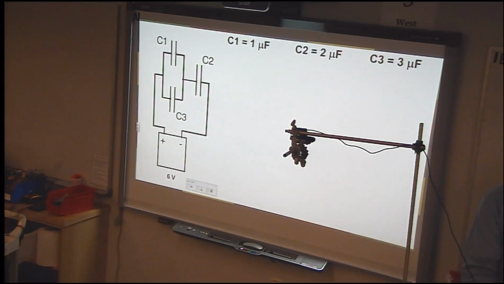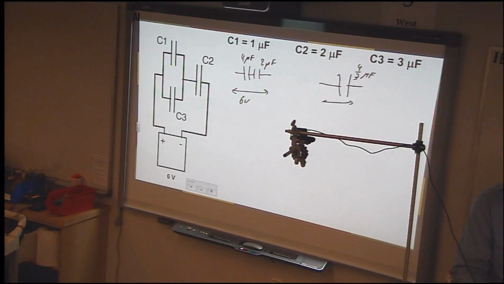So, 4 microfarads, 2 microfarads, 6 volts, and 4/3 microfarads, 6 volts.